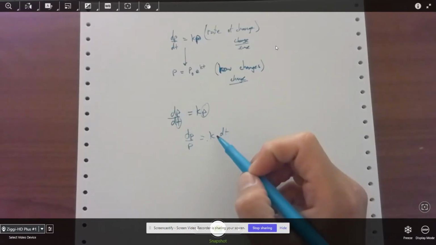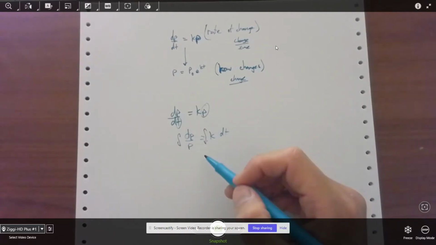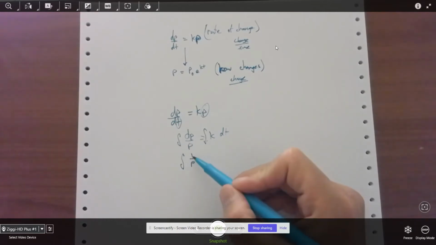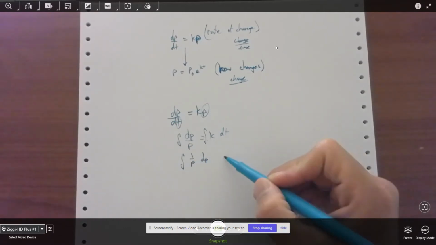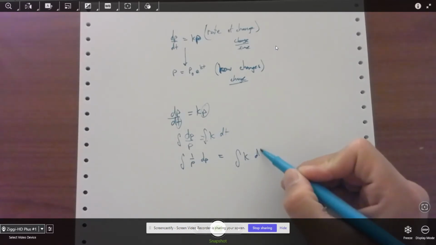At this point, I take the integral of this. And if you don't see it, this is what I have. The integral of 1 over P, if I rewrite this as 1 over P with respect to P, is equal to the integral of k, which is just a constant value, dt.